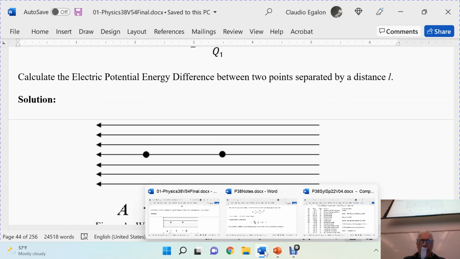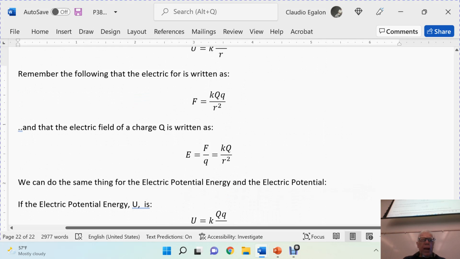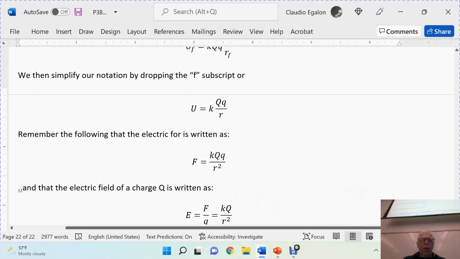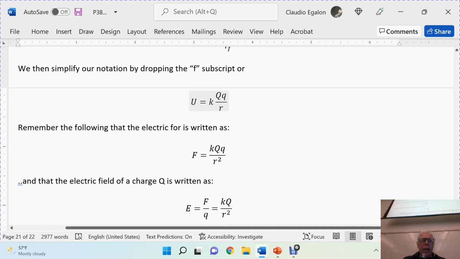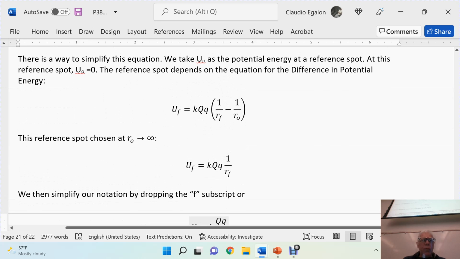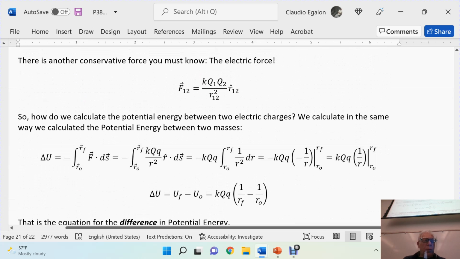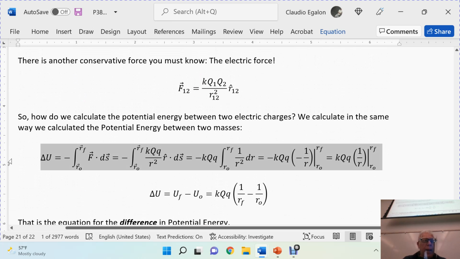We go ahead and use our definition of electric potential energy. Let's take a look here. Remember, it should be electric potential energy difference, right?